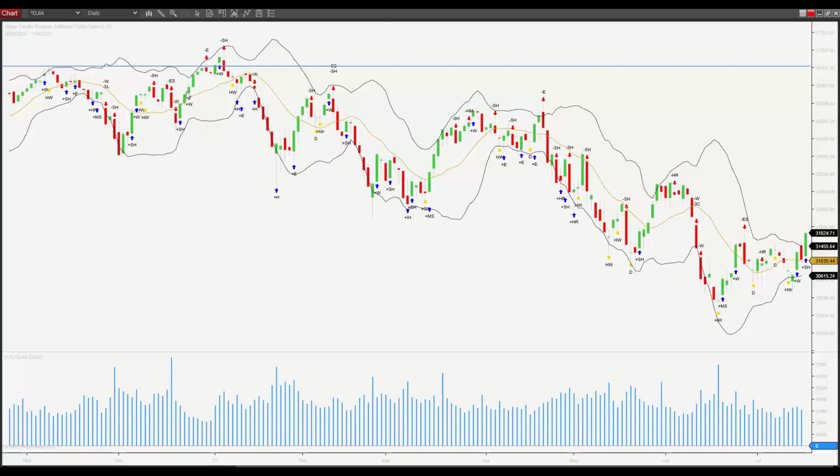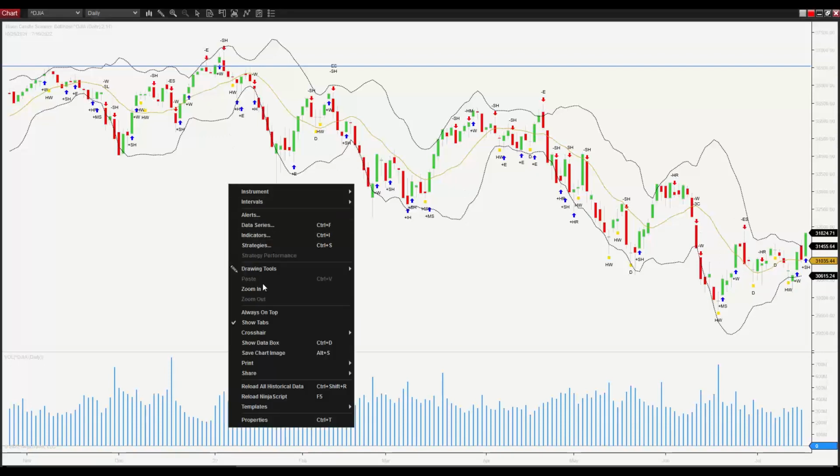So again, what you see is Nison Candle Scanner. I have on my chart Bollinger Bands, which are the dotted black lines above and below the actual candles. I have a yellow midline, which is basically the midpoint of the Bollinger Bands.